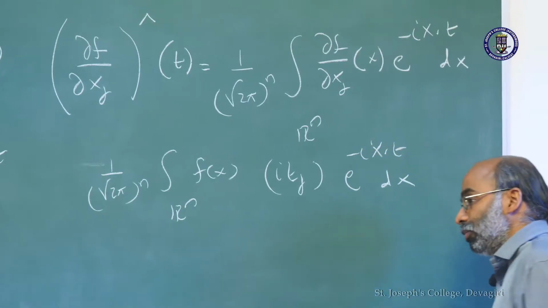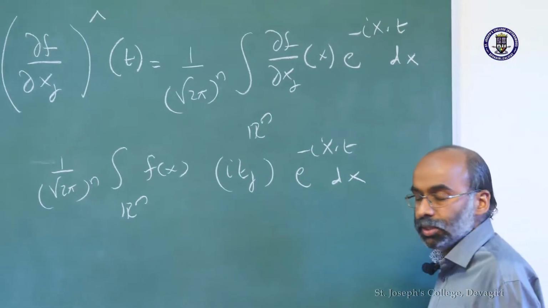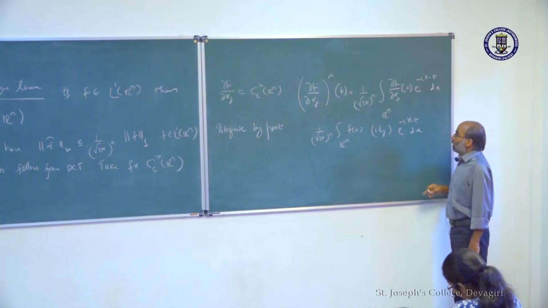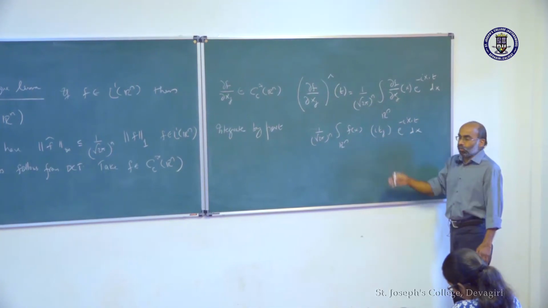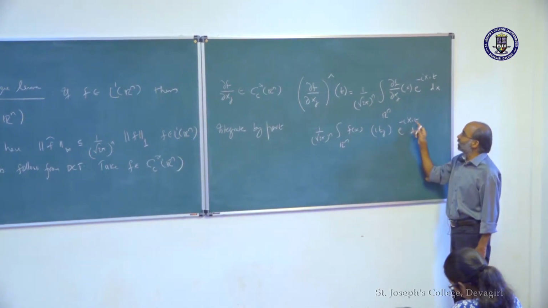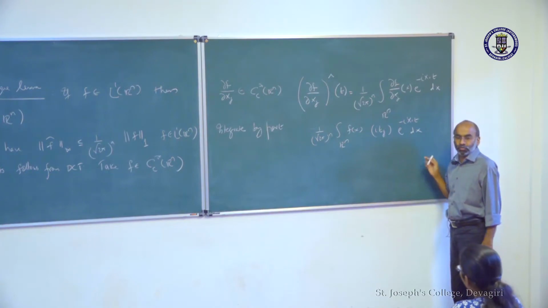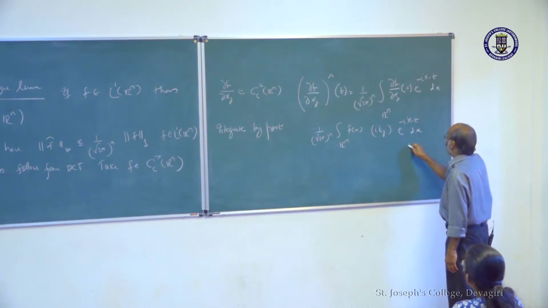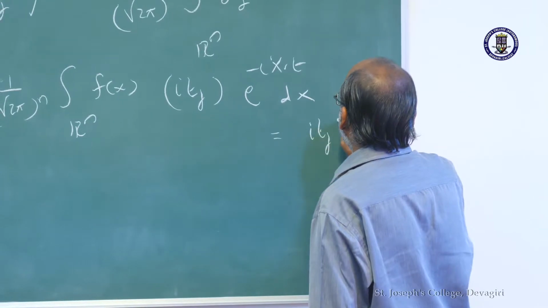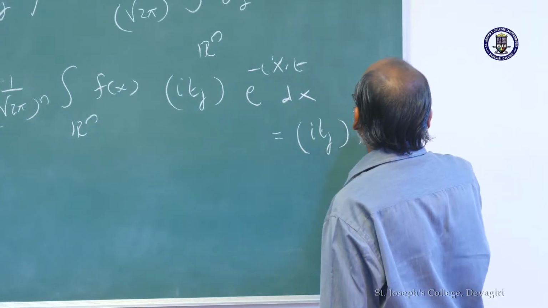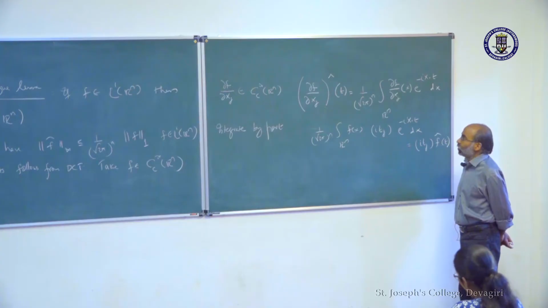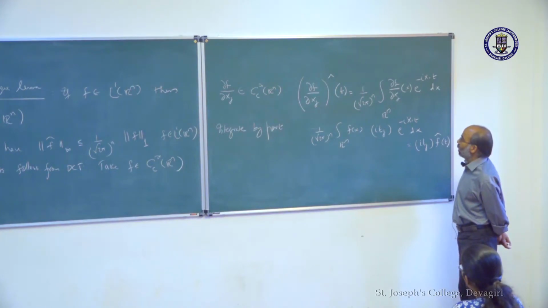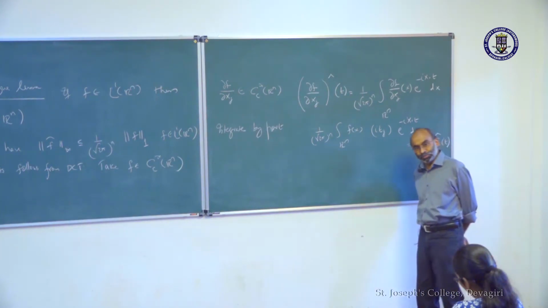It's a simple computation. The tj has nothing to do with the integral, that comes out. What remains is f and e to the minus I x dot t, which is the Fourier transform of f. So this is simply I tj times the Fourier transform of f at t. That is just an easy consequence of integration by parts.